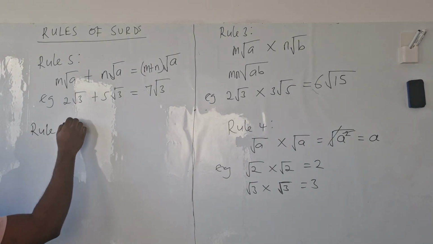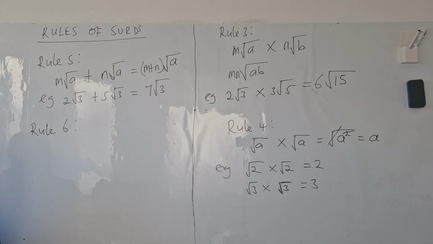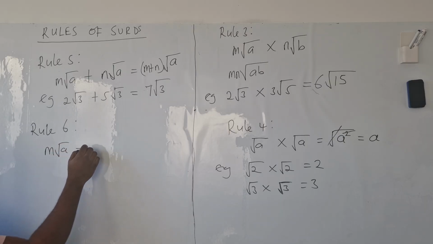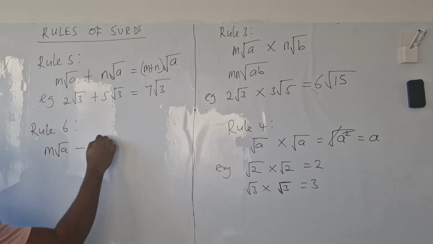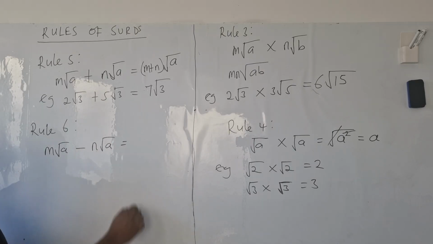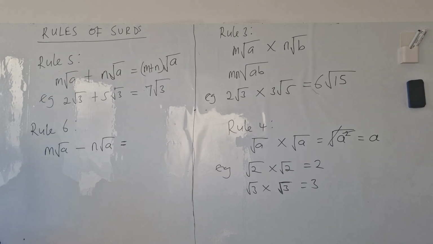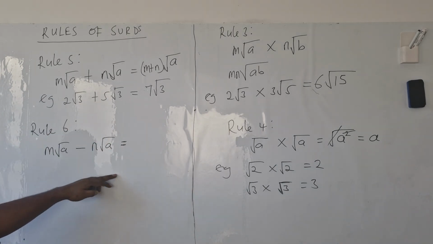Let's look at rule 6. Rule 6 will be subtraction of like surds. So m root a minus n root a. How do you subtract like surds together? The same way as we did the addition.